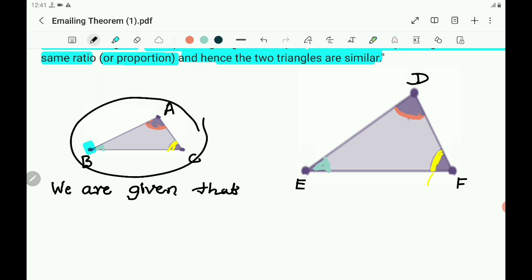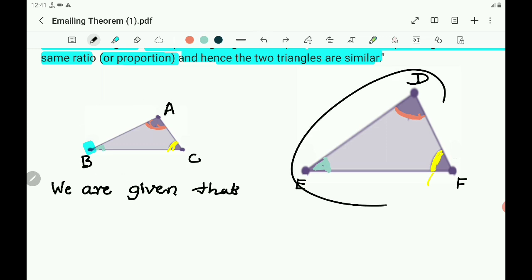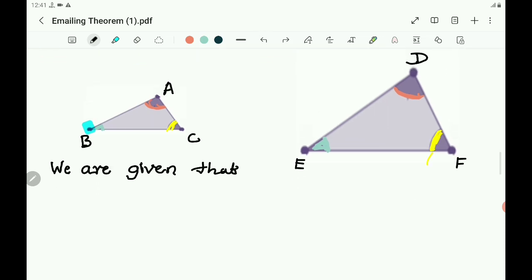Write the names of the triangles: in triangle ABC, the first triangle, and triangle DEF.